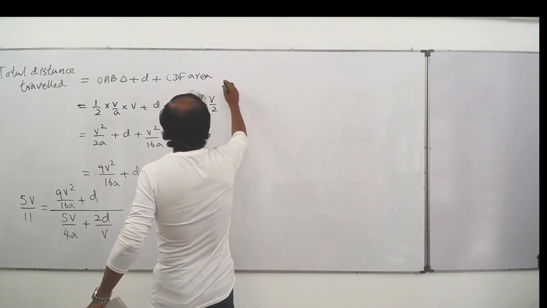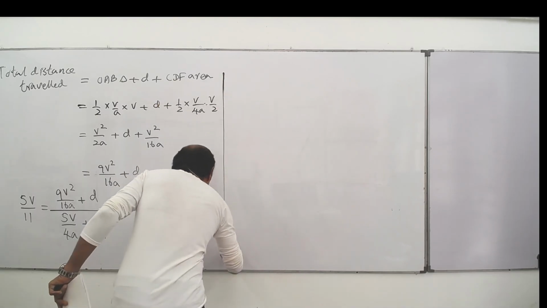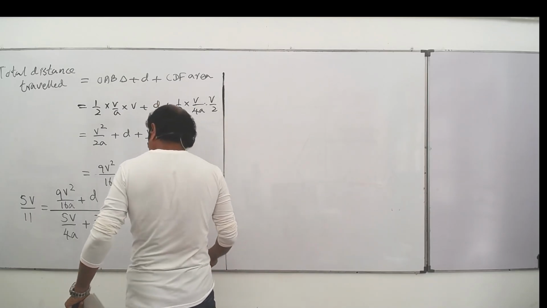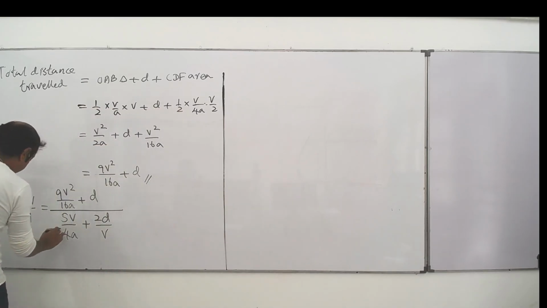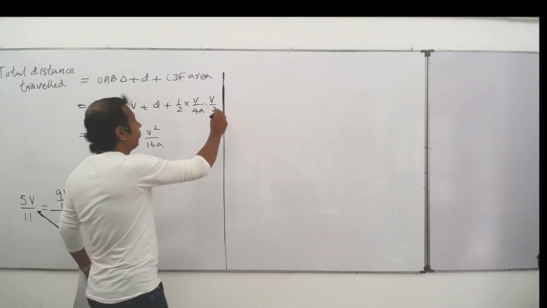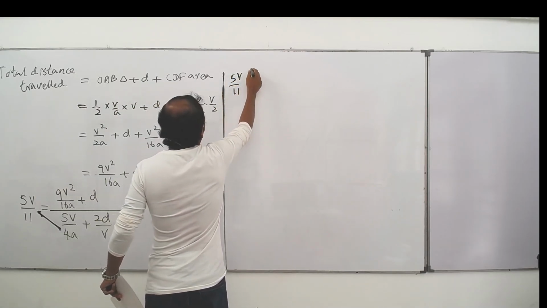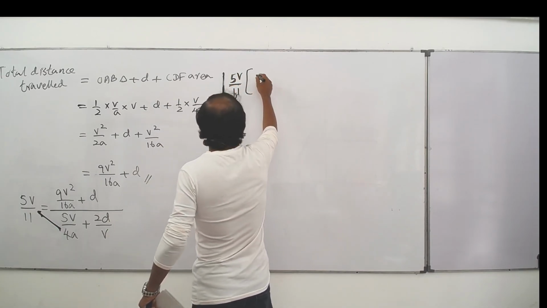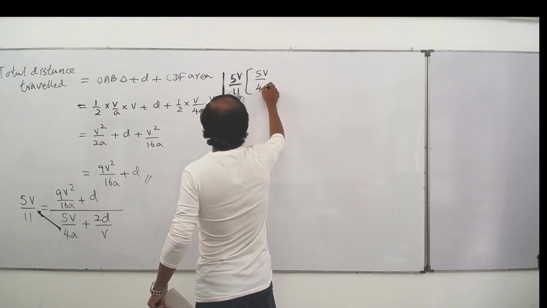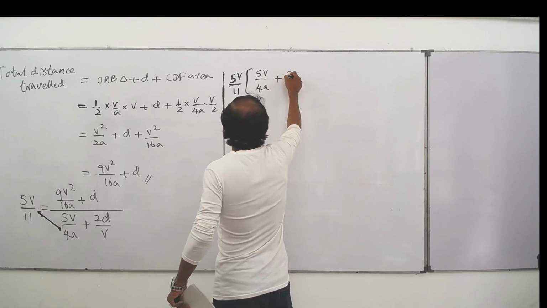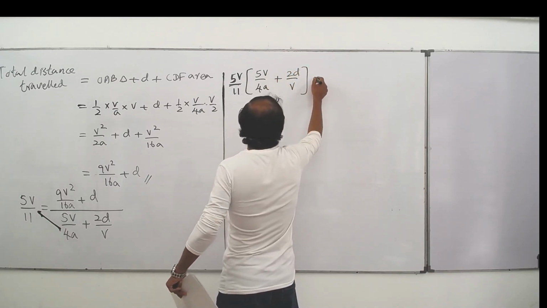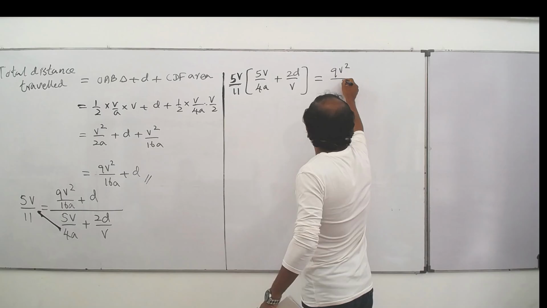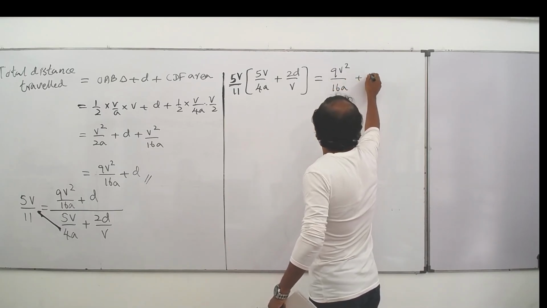Okay, then we get, we use the cross multiplication by this 5V over 11 times 5V over 4A, 2D upon V equals 9V squared over 16A plus D. Right.